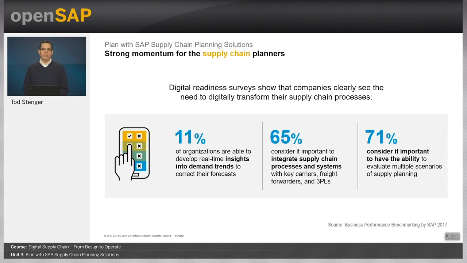And to cap things off, over 70% of organizations want the ability to evaluate multiple scenarios. A key takeaway from these numbers is that currently, the ability to execute on digital transformation strategy is behind the desire to undertake such transformations. SAP is working to provide tools to enable this digital transformation.